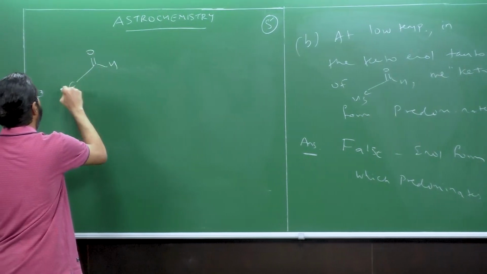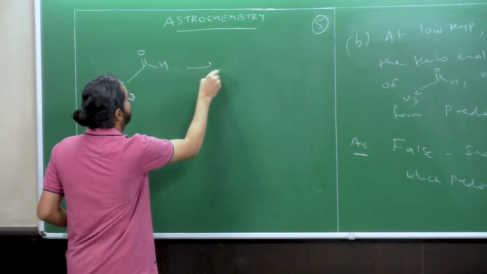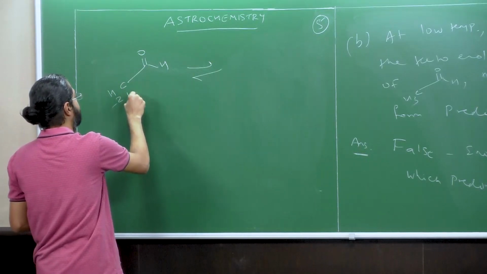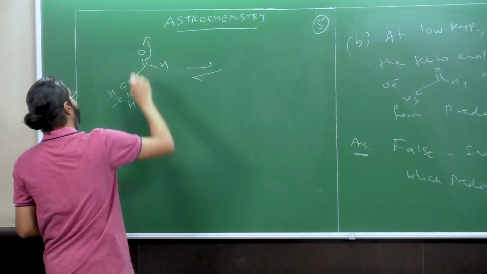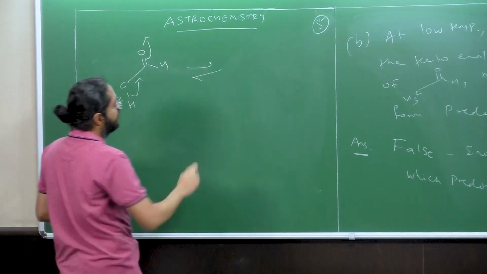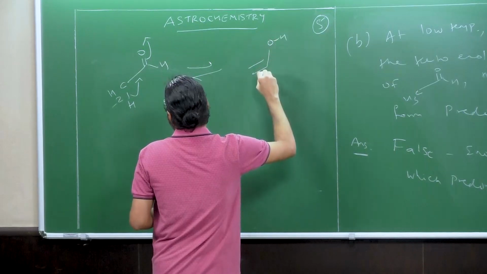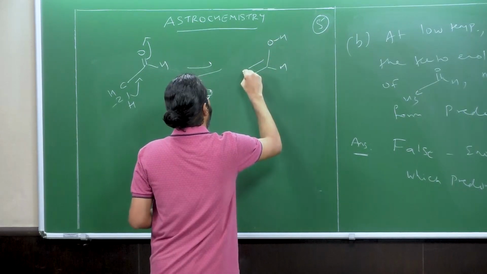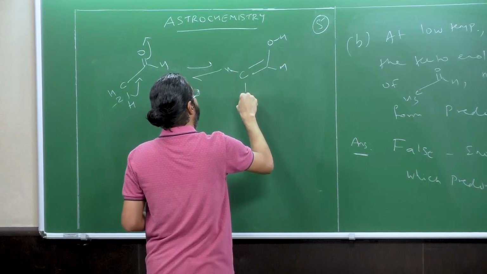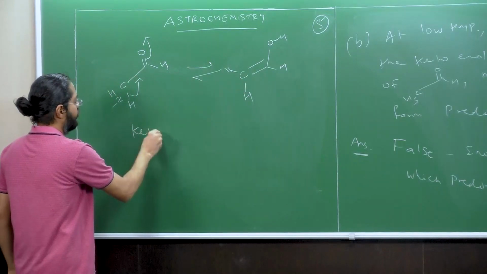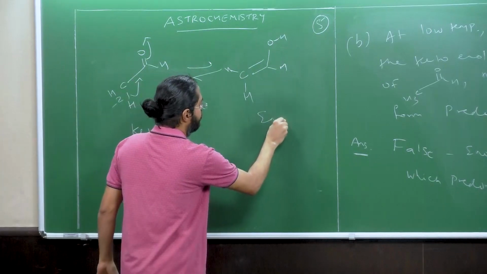We are talking about this equilibrium. It's better written as this, and then this hydrogen goes over there. So this is the keto form and this is the enol form.